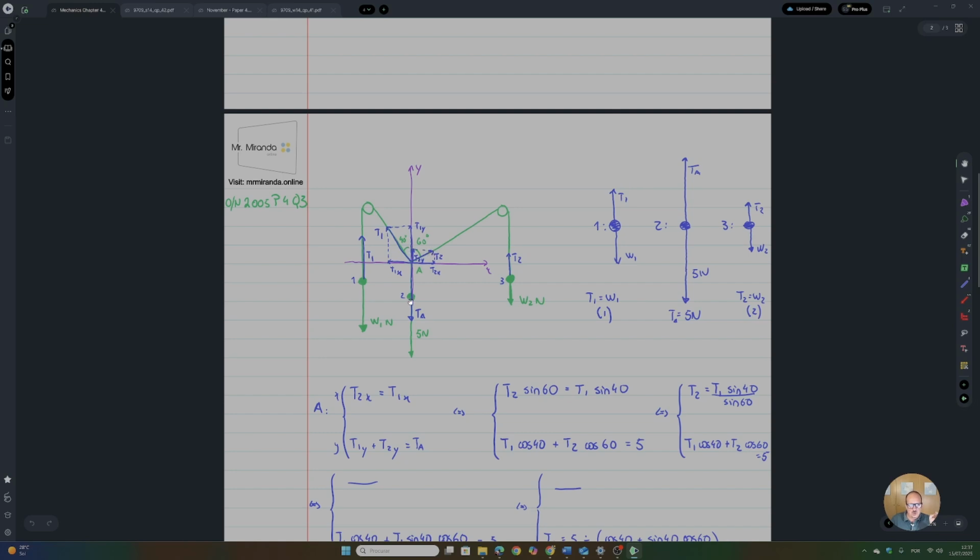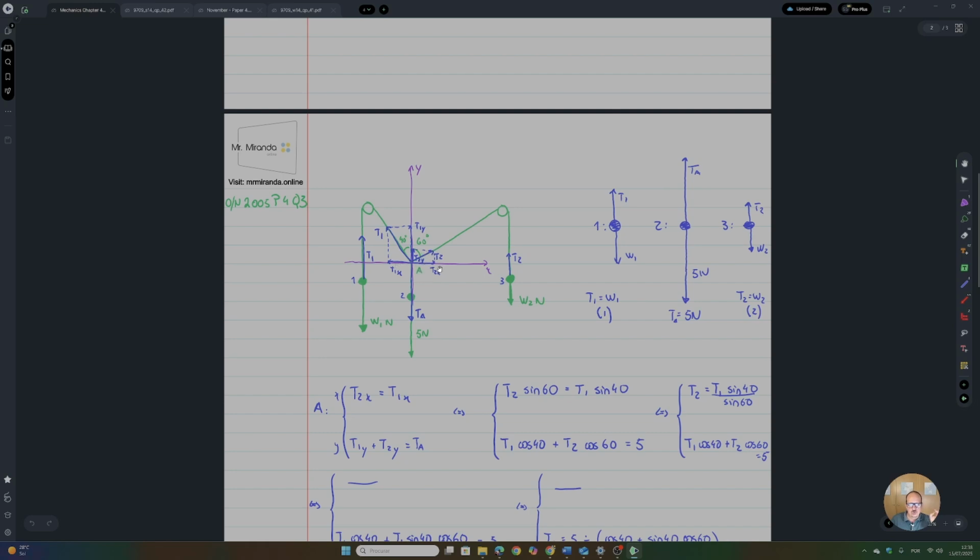Okay, so after decomposing, this is T1x, this is T1y, this is T2x, this is T2y. How do I know that this is smaller than that? Same argument that I used in the previous question. The horizontal component of this force needs to be the same as the horizontal component of that force.